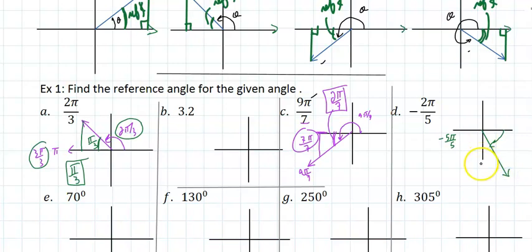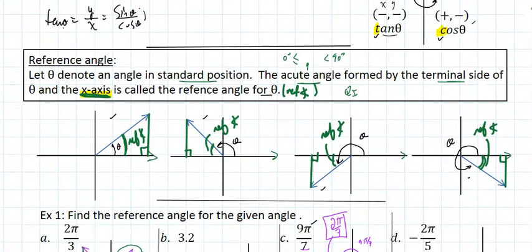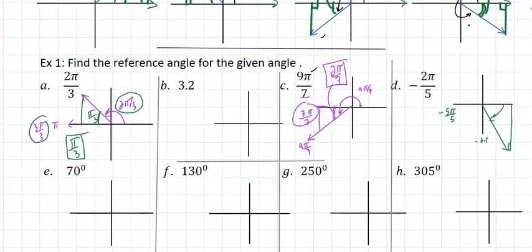Because this is negative 2.5 pi over 5. So what's my reference angle? Students say negative 2 pi over 5. You got to be careful. It's an acute angle. It's between 0 and 90 degrees. So if this is negative 2 pi over 5, wouldn't the acute of that be 2 pi over 5?